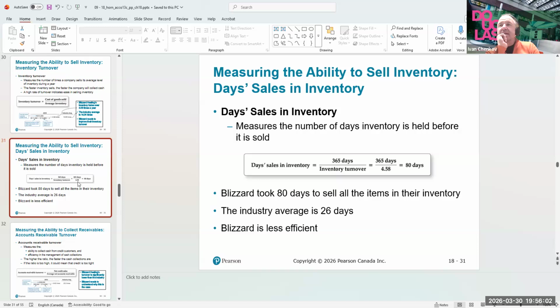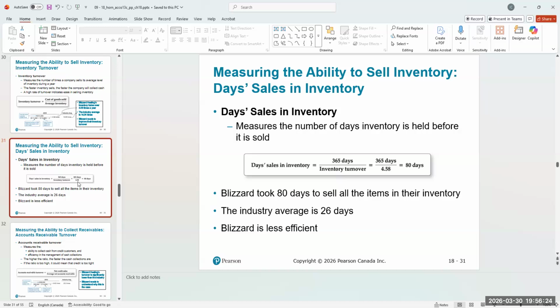If my turnover is 10, what does that mean to my business model? How many days am I keeping the bread? So 36 and a half days. Would you buy my bread? No, because bread expires very quickly.